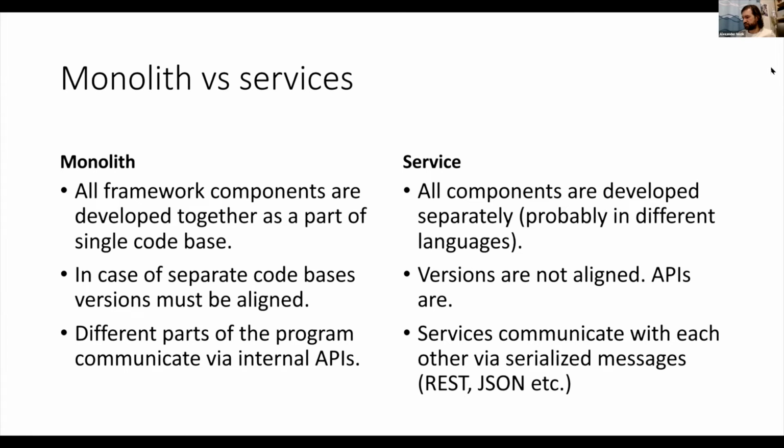Thank you for the questions. In the service approach, versions are not aligned, but you have aligned APIs. I mean, different components need to know how to call each other. It could be web APIs when you call it with a JSON or a REST call, or there could be clearly defined API boundaries inside the program itself.